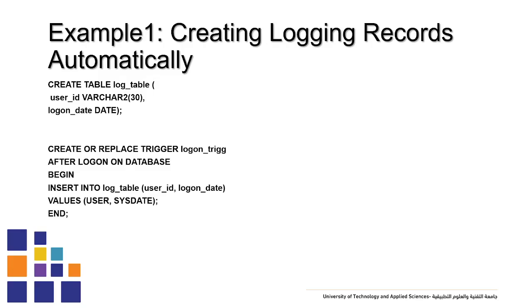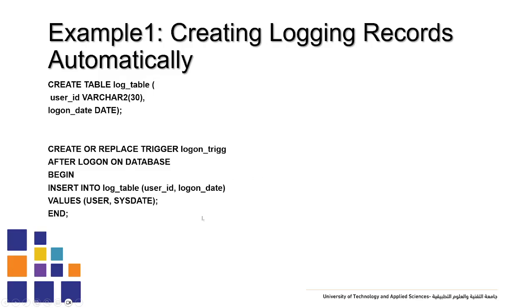The USER keyword retrieves the current Oracle database username, based on the active session, so whoever actively logs in will be taken as the database username, right? And the logon date, the current date and time, we take from the PL/SQL function SYSDATE, an Oracle function that returns the current date and time on the system.